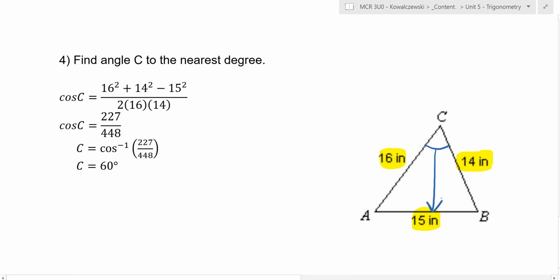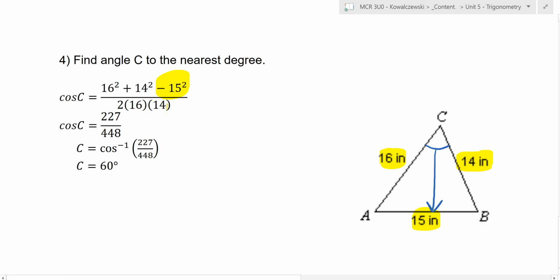So I'm subtracting 15 squared: 16 squared plus 14 squared minus 15 squared. In the denominator, I have 2 times the two sides that we're adding, 16 times 14. What you'll notice here is, for solving this, again, I'm keeping things exact.